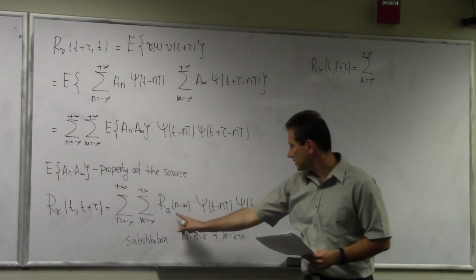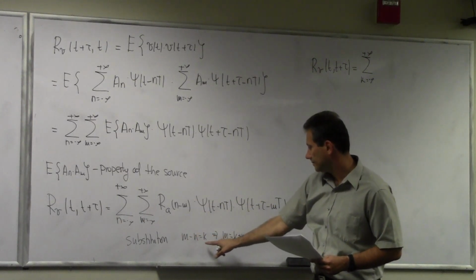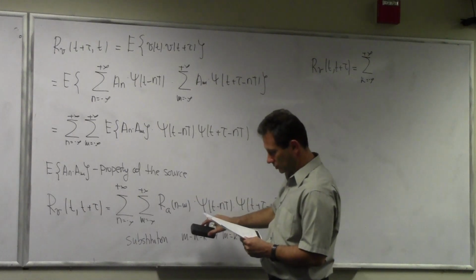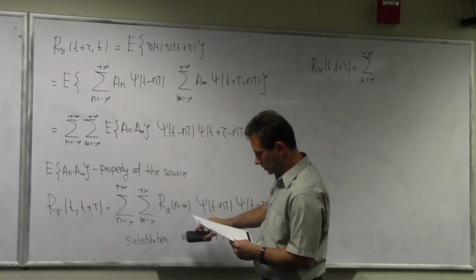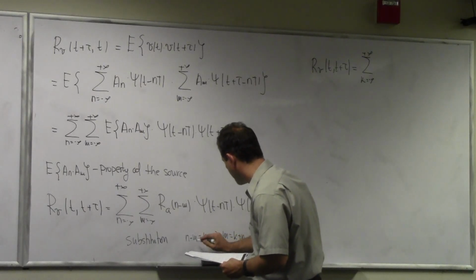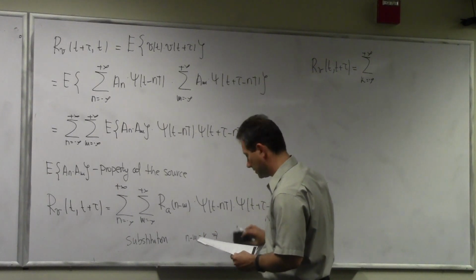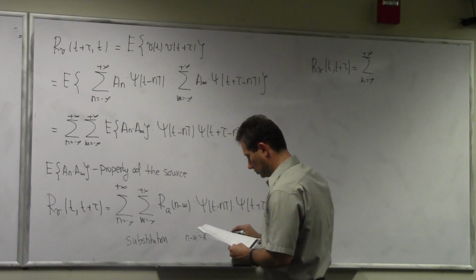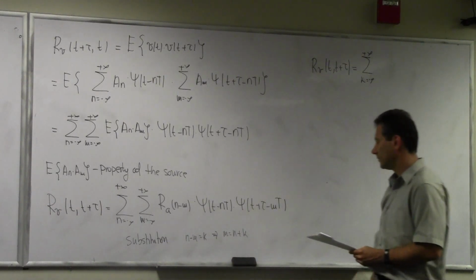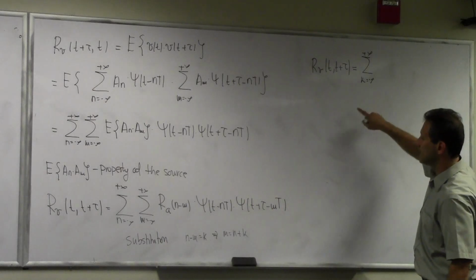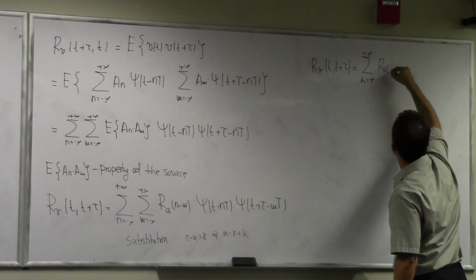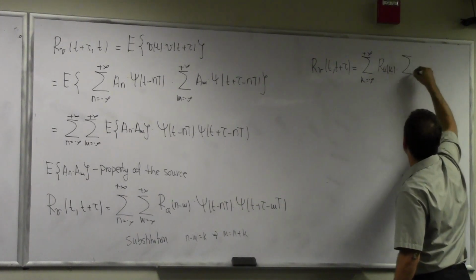Now, this n minus m, let me actually do this. This is n minus m. And from here, m is equal to n plus k. So this becomes now Ra of k, and then the sum.